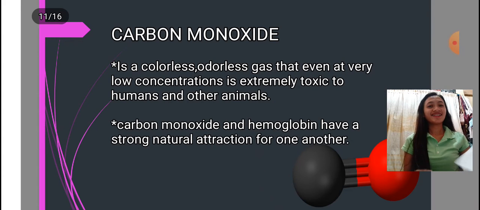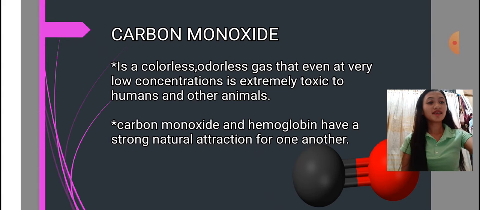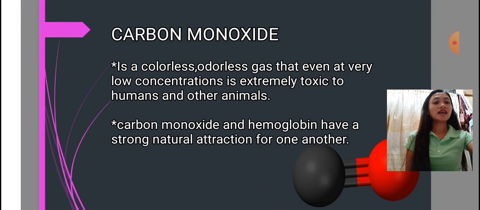Next is carbon monoxide. Carbon monoxide is a colorless, odorless gas that, even at very low concentration, is extremely toxic to humans and other animals. Carbon monoxide and hemoglobin have a strong natural attraction for one another.